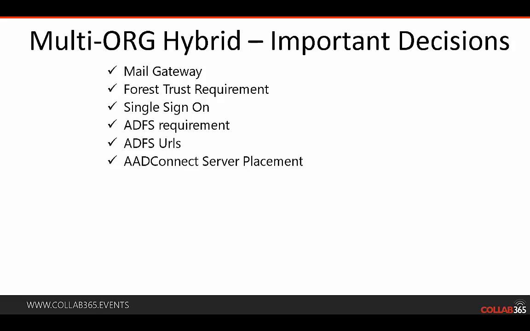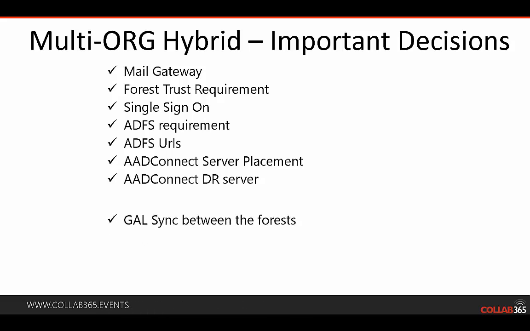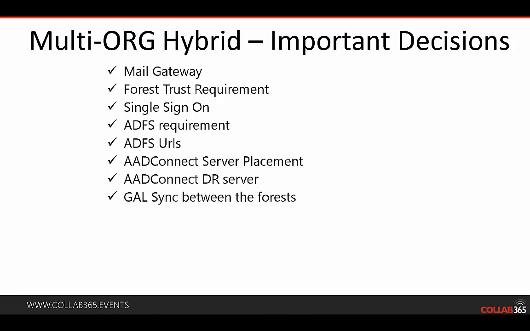A decision is required. That's planning again. AD Connect DR server: where do you want to keep the AD Connect DR server, or you may not want it. Then GAL sync between the forests, I mean the GALs. Do we want the GAL sync between the forests? If we want it, then do we need MIM or FIM, which server we need, and then the MIM server's placement for sure.